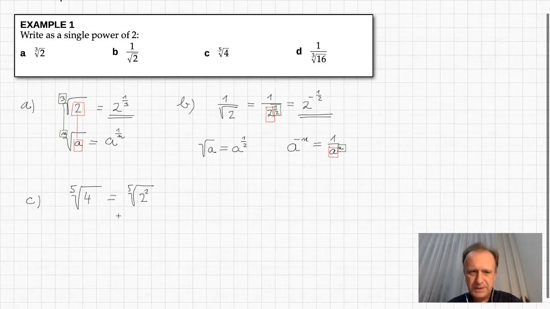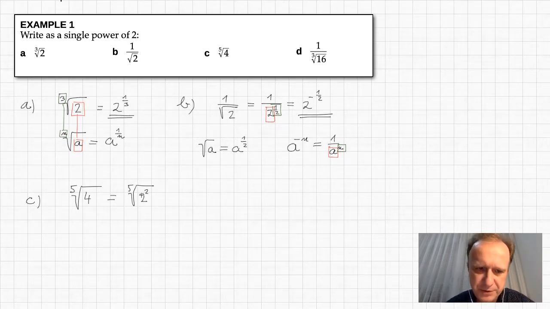Now, look at number 2 as your base. This should be your base. And invoke a law which was derived in the previous video, which says that the nth root of a to the power of m is just a to the fraction m over n.